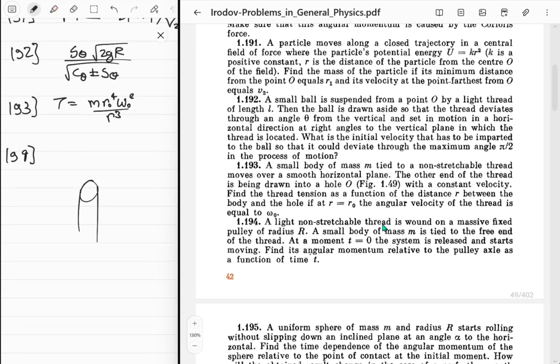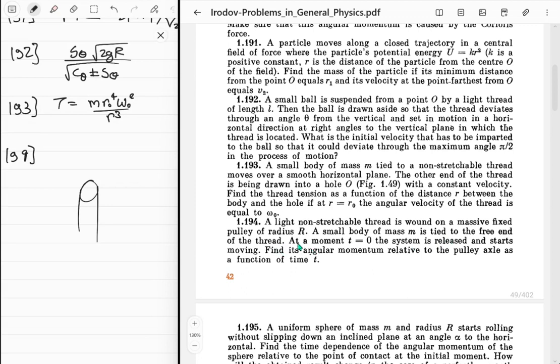So it's vertical, right? The whole system is vertical or not? Didn't give us anything. Oh, come on, please. How ambiguous can your questions get? A light non-stretchable thread is wound on a massive fixed pulley of radius r. Small body of mass m tied to the free end of the thread.